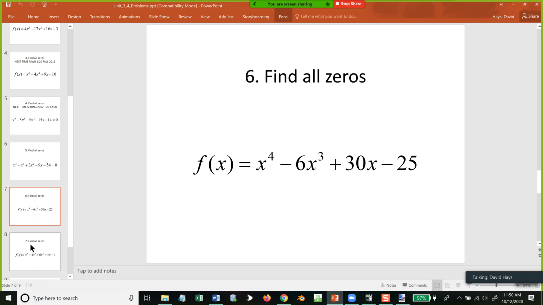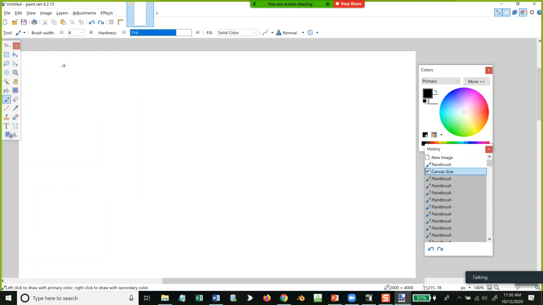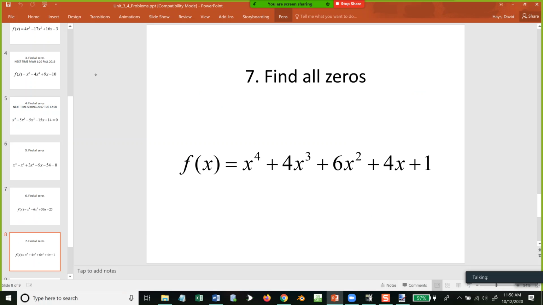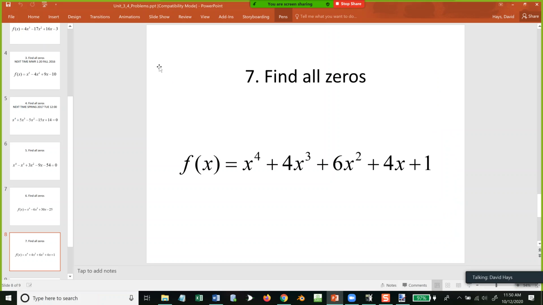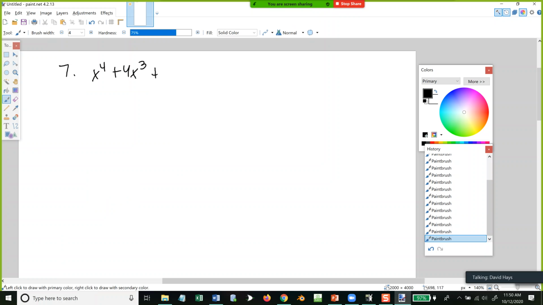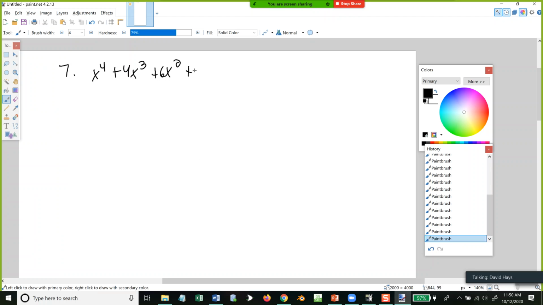Okay, let's take a look at what's different about this one. X to the 4th plus 4x to the 3rd, plus 6x squared plus 4x plus 1 equals 0.